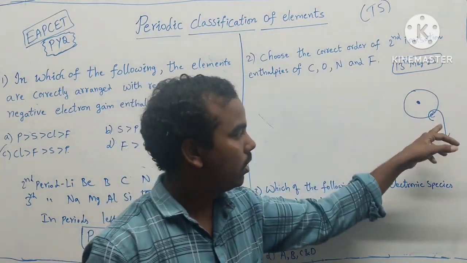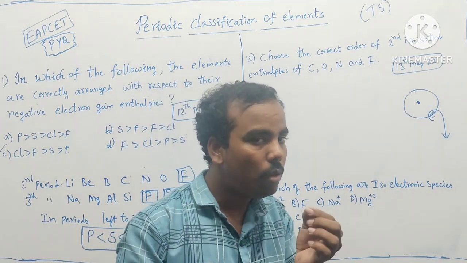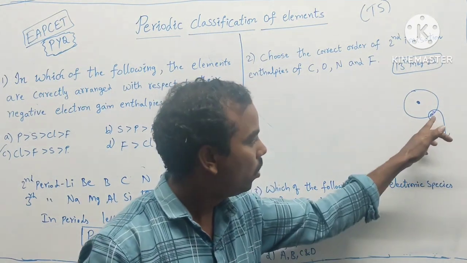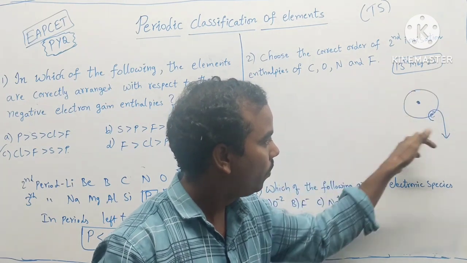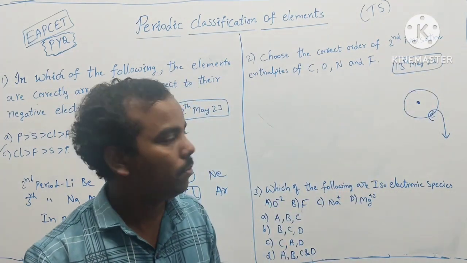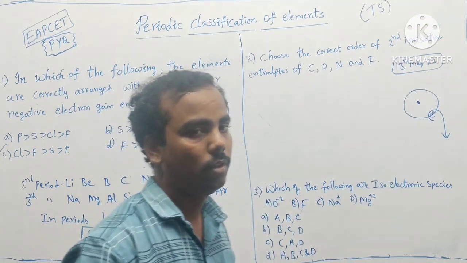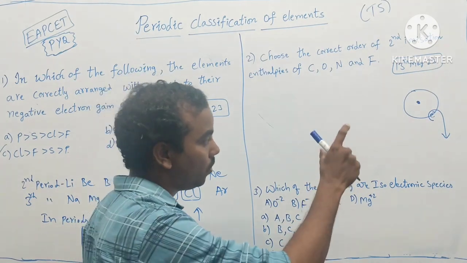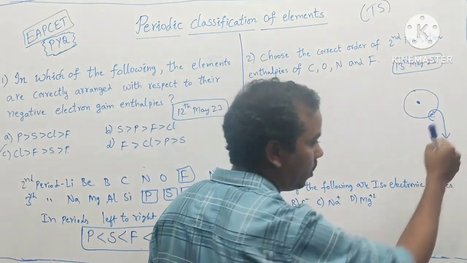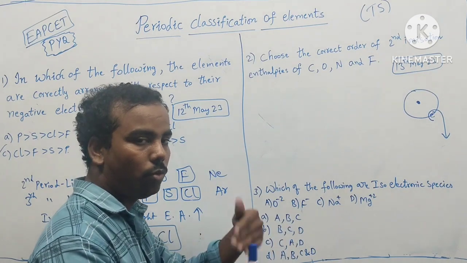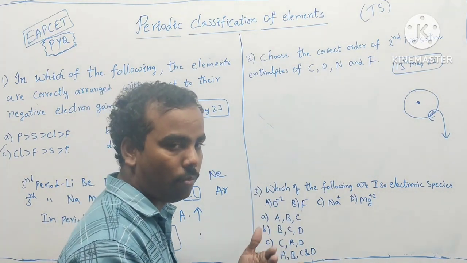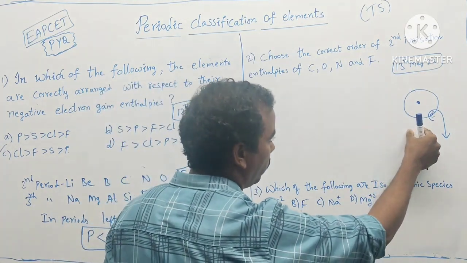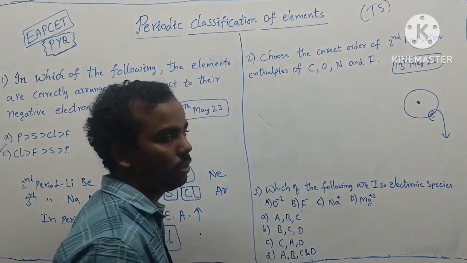To overcome that attraction, energy is required. The minimum amount of energy required to remove an electron from an isolated neutral gaseous atom is called ionization energy. Removing the first electron is first ionization energy. If you remove the second electron from the unipositive ion, that is called second ionization energy.